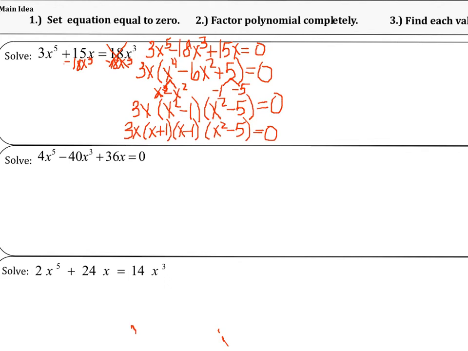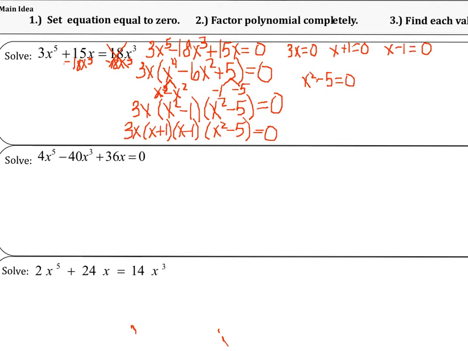So I can take each of these pieces and set them equal to 0. So I can say 3x equals 0, x plus 1 equals 0, x minus 1 equals 0, and then also the final piece, x squared minus 5 equals 0.